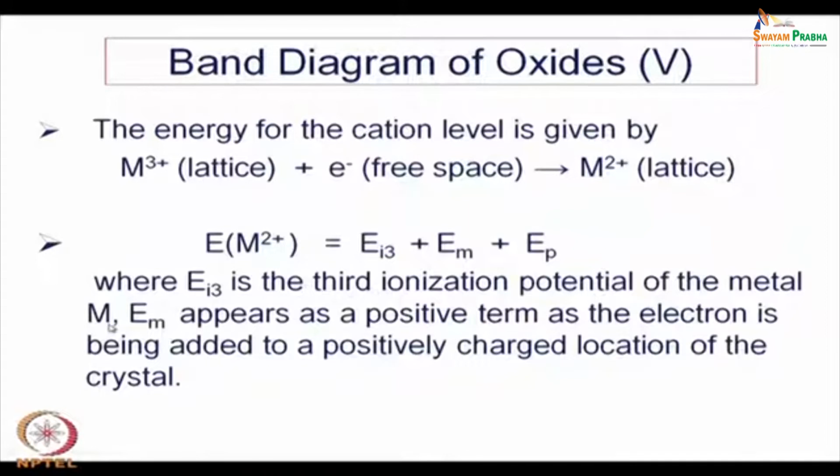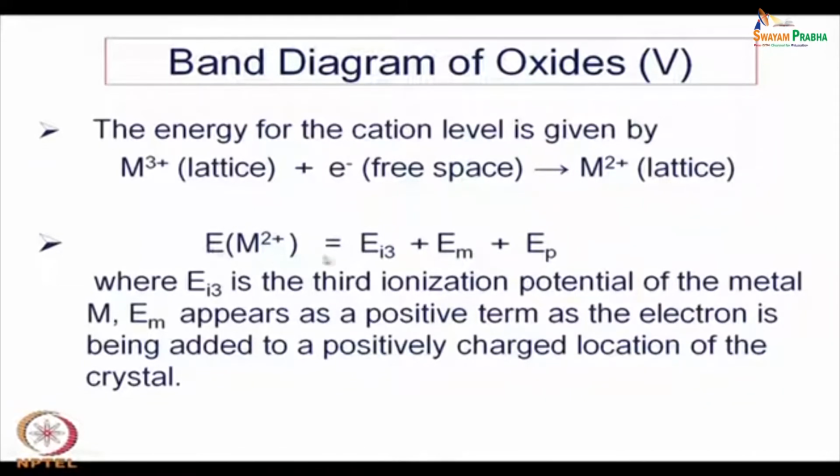In case of negative ions, it is primarily the electron affinity, and for a positive ion it is the ionization potential. It is the same thing. So, EM appears as a positive term here, as the electron is being added to a positively charged location of the crystal. This EM, which was earlier a negative term, is now a positive term. These two remain as positive terms.